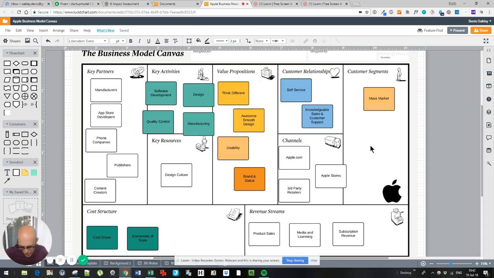Is your customer base well segmented? Okay, so obviously I haven't done a great job of segmenting Apple's customer base here, but broadly, if you look at what Apple does, you can say, yes, they've got a number of distinct segments in the market. You've got designers and graphic artists, you've got cool coders, you've got entrepreneurs, all as fairly discrete customer segments.